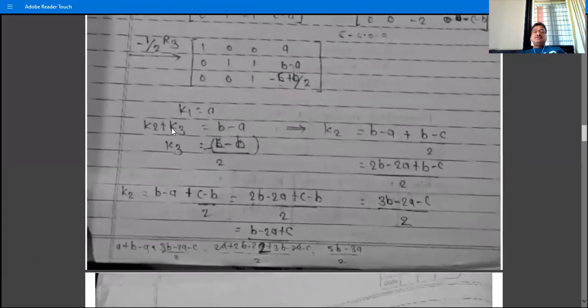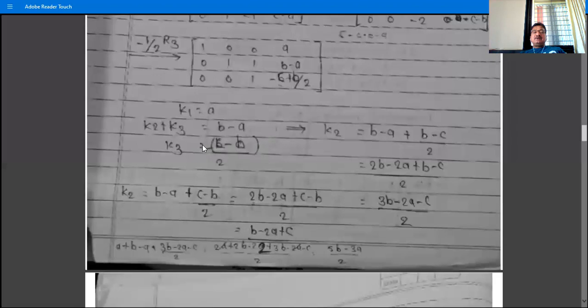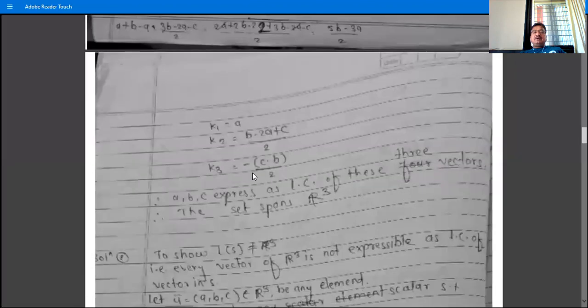So substitute this K3 in the above equation, we have K2. So K2 is B minus 2A plus C by 2. And K3 is what? Minus, in bracket, C minus B by 2.